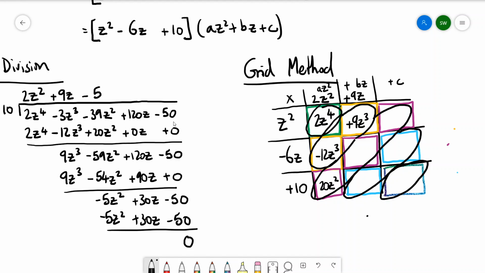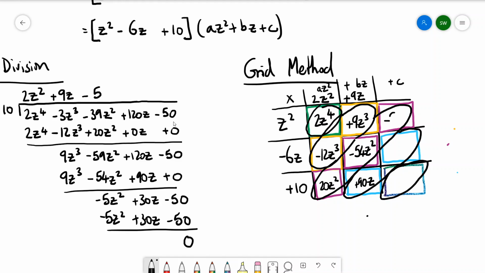Let's complete the second column. So we're going to have minus 54z squared, and we're going to have plus 90z. Well, these purple boxes need to add together to give us minus 39z squared.